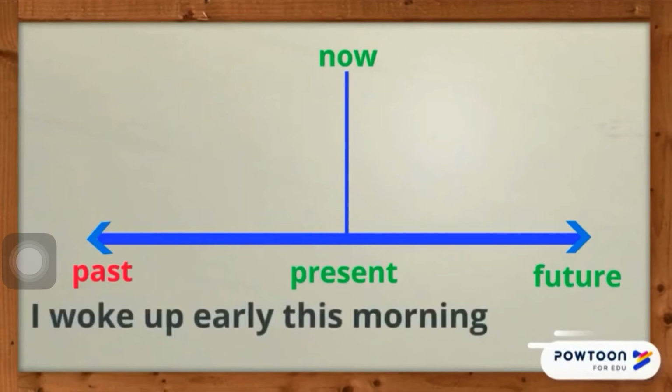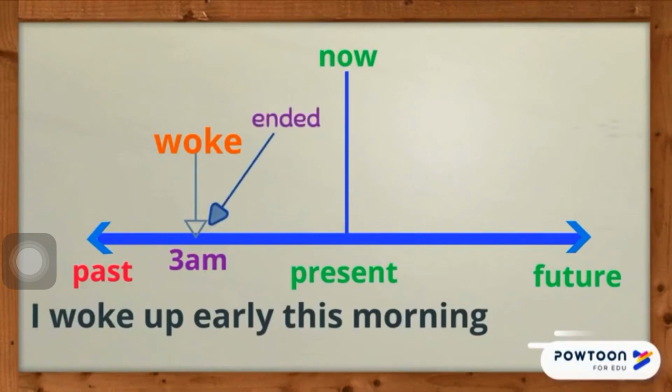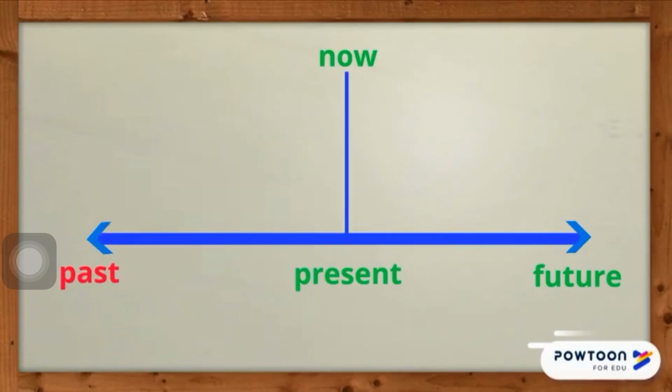I woke up early this morning. Now the word woke is an action or a verb that happened in the past. So it is a past simple verb that began in the past and ended in the past before now or before the present. Right, let's take a look at another example.